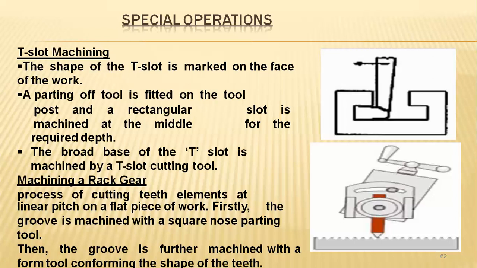So as per the designed drawings required for the assembly conditions of different parts, our manufacturing will progress with the help of these tools over the materials. Particularly, this is the representation of a T-shaped groove to be obtained in the work part.